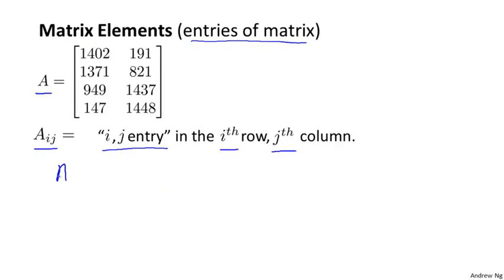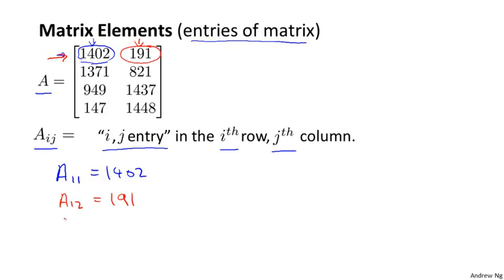For example, A11 refers to the entry in the first row and the first column. So A11 is equal to 1402. Another example, A12 refers to the entry in the first row and the second column. And so A12 is equal to 191.